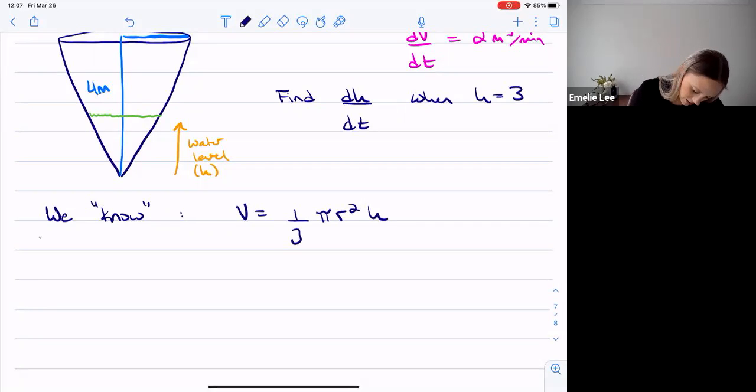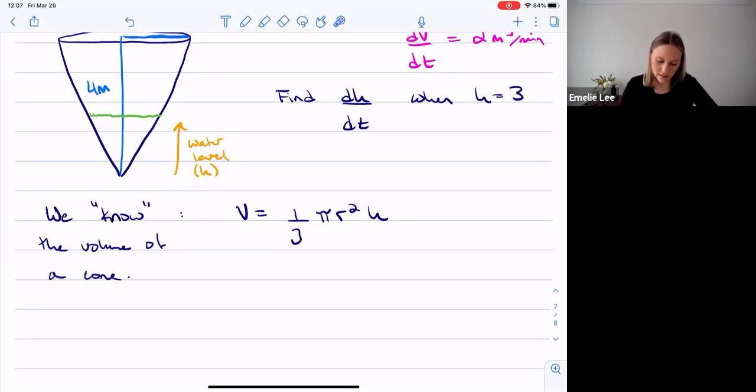So we know the volume of a cone. Okay. So this is probably a good equation to have handy, right?